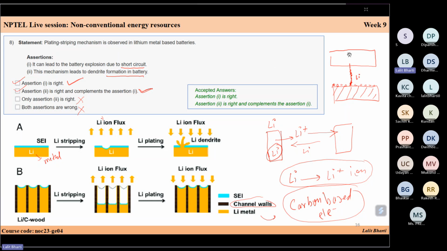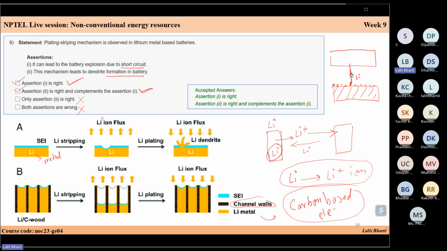So let's say this is your metal lithium and you have different lithium layers, but your returning lithiums are sitting here. Then the next atom is sitting here because they will find the shortest path here. Then the next will sit here, and now all the returning lithiums find the shortest path here.